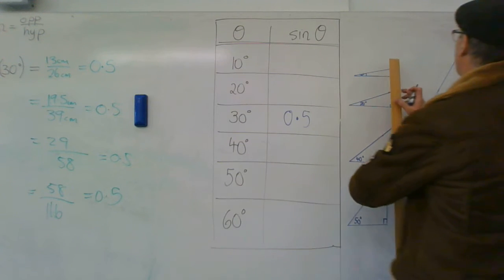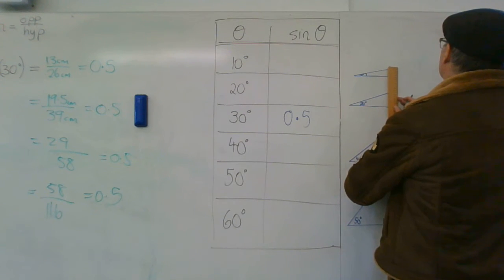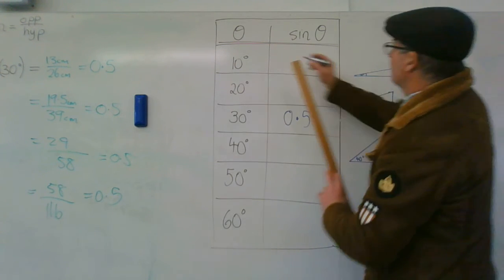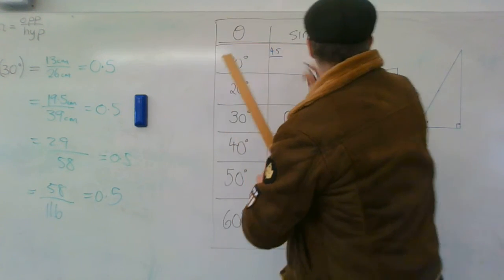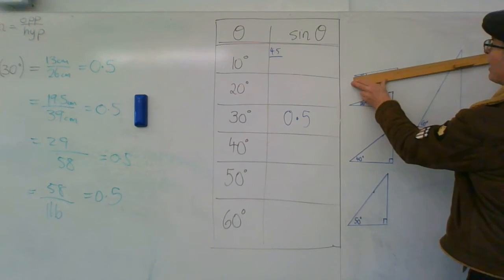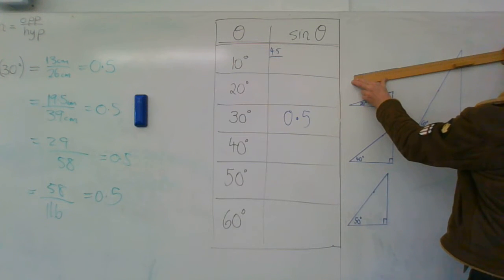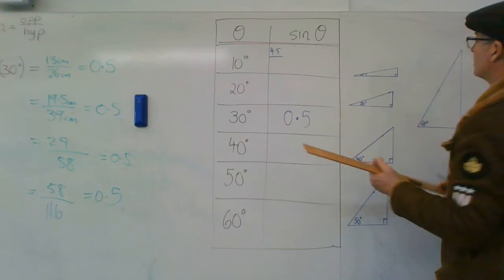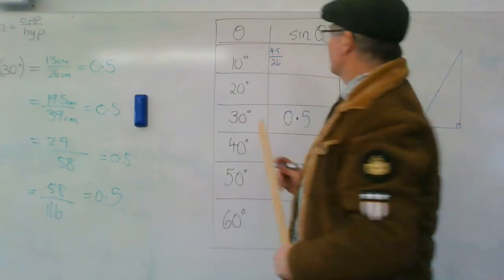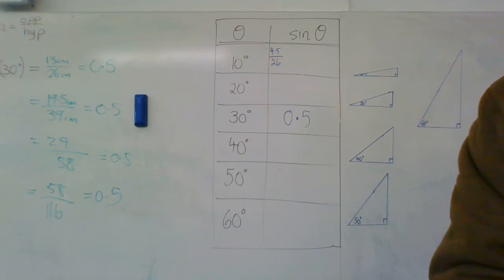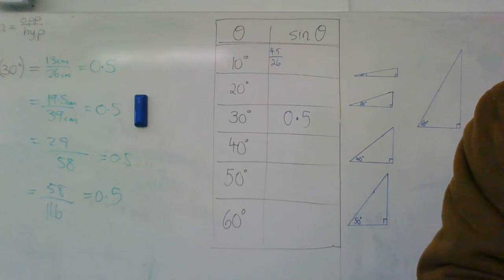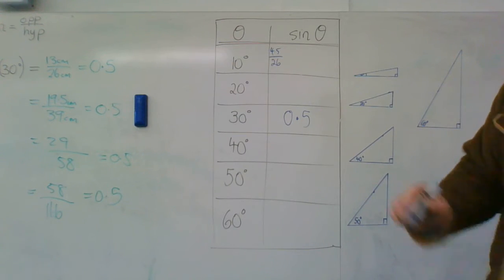Let's have a look. That opposite side there is 4.5. And that there is 26. 4.5 on 26, I get 0.173.